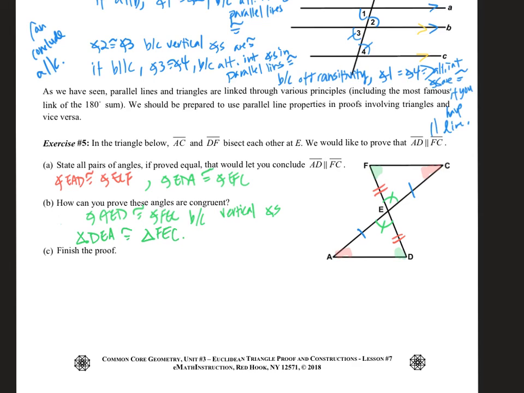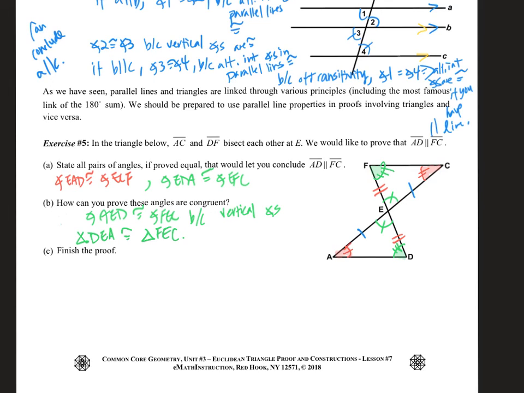And so, based on another theorem, corresponding parts of congruent triangles are going to be congruent. We know that these two angles that we stated in part A are going to be congruent too because they're corresponding angles in those triangles. So we know that this is going to be congruent to each other. We know this is going to be congruent to each other. Make that 2 tick marks. 3.